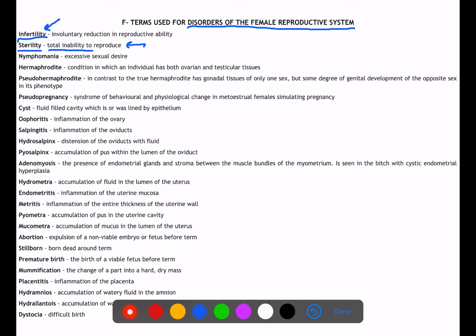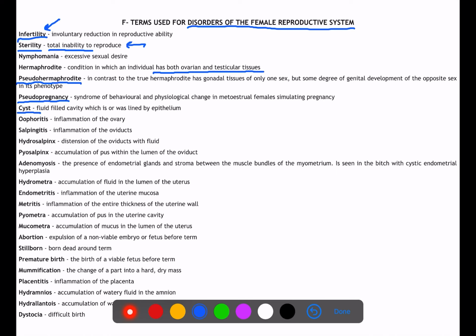Hermaphrodite is when the individual has both sex tissues. Pseudohermaphrodite means the individual has the gonad of one type of sex and the genitalia of the opposite, as in a male with a penis but with ovaries. Pseudopregnancy is a physiological change in a non-pregnant female simulating pregnancy.